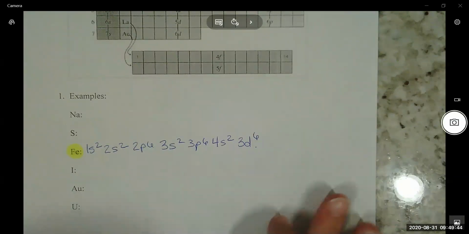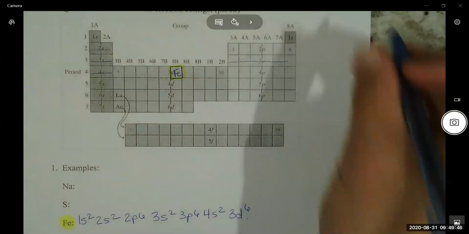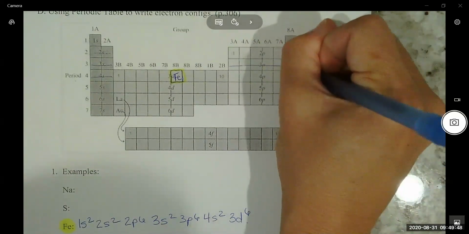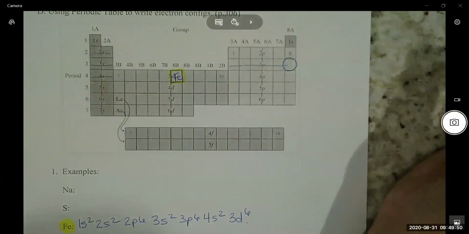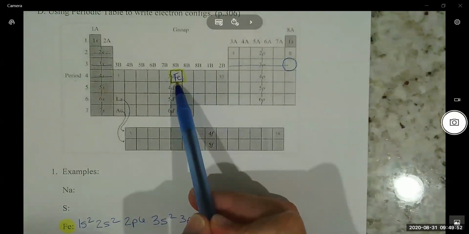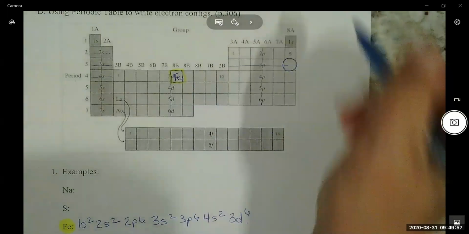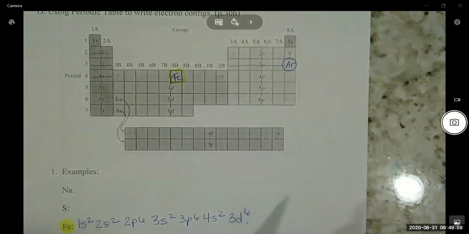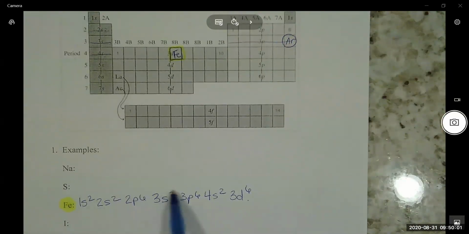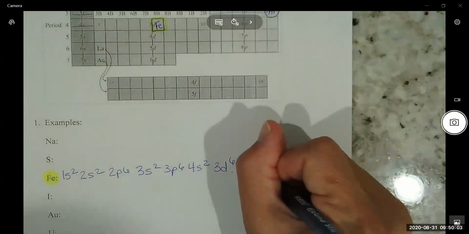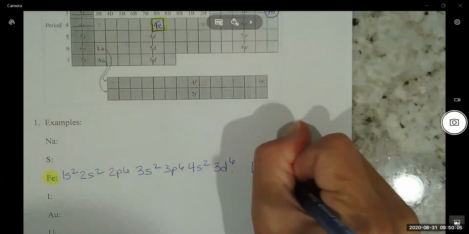But there's a shortcut, right? The shortcut is to look at the noble gas that comes before the element that you're writing the electron configuration for. So the noble gas that comes before iron is argon. So instead of having to write all of this, I can just go ahead and write argon in brackets.